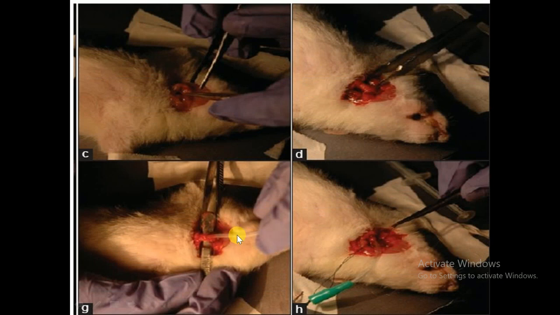Here you can see the cannula, tied with biodegradable threads. And after this, using a catheter, the sensor will sense the blood pressure of that particular artery.